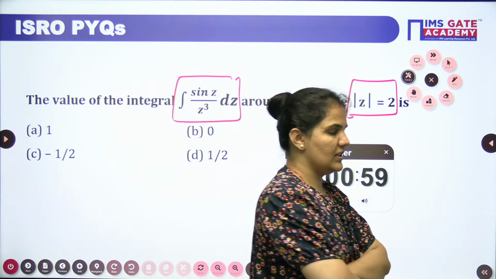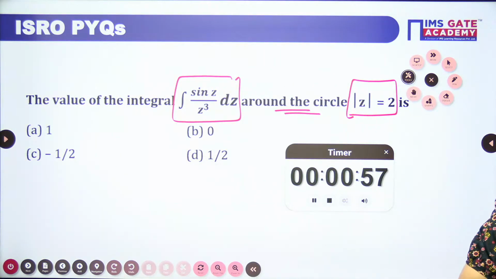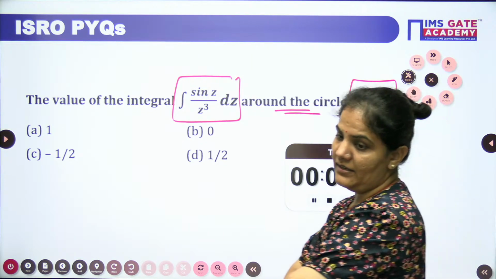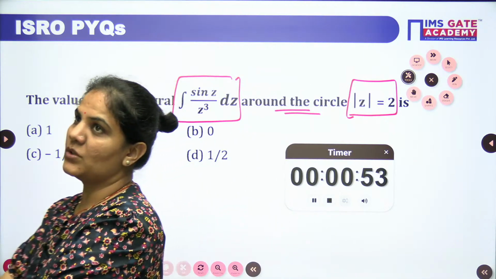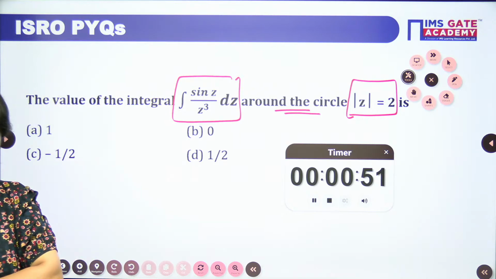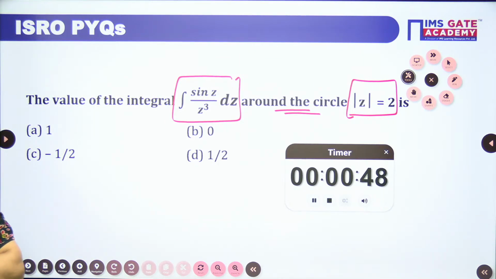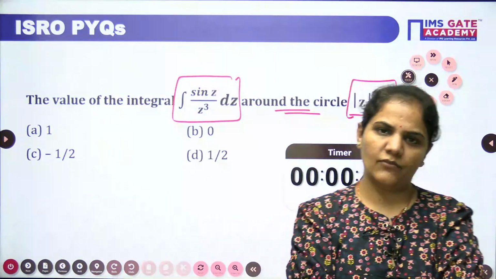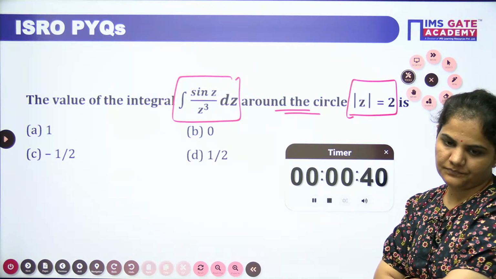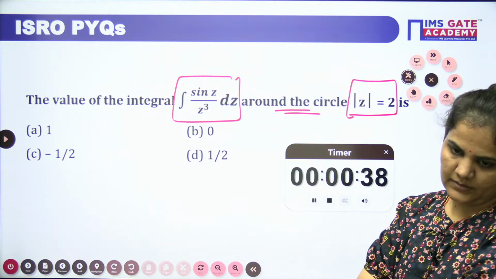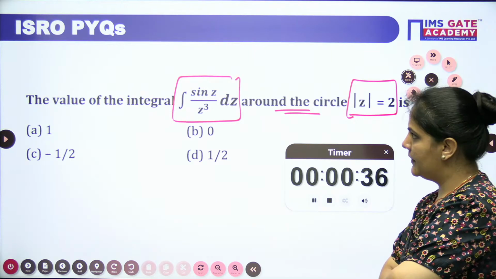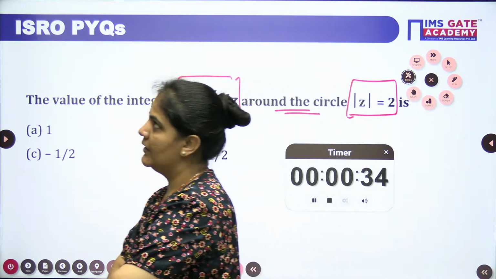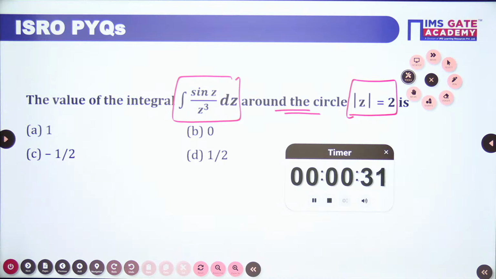We are having a function sin z by z cube dz around a circle whose center is at origin and radius is 2. I will solve this question with the help of Cauchy's integral formula. Go for it, dear students. Everyone should try.